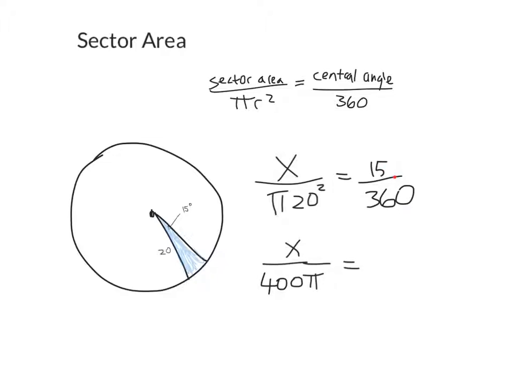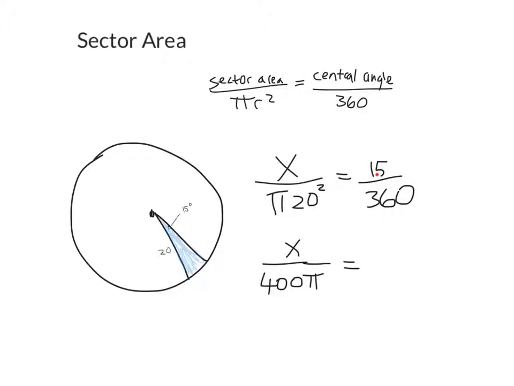Now, I could tell off the bat, this is certainly divisible by 5, as is 15, right? So 360 divided by 5 is 72. 15 divided by 5 is 3, so that would be 3 over 72. But here's the deal, 72 is divisible by 3. So here's what I'm seeing. I'm seeing that 360 is actually divisible by 15.